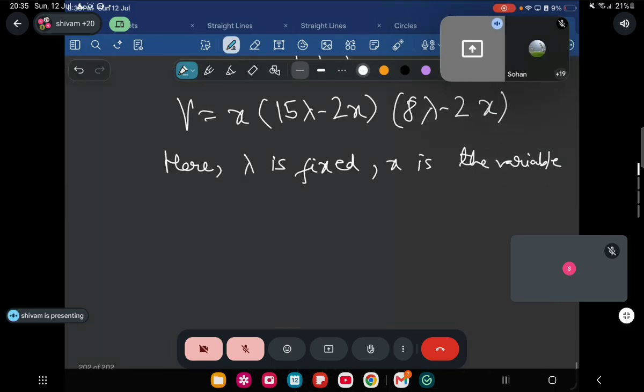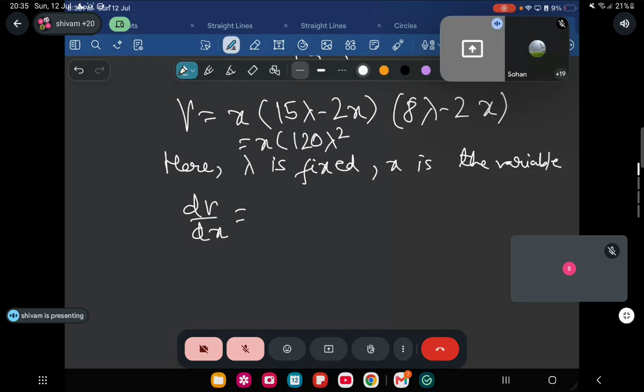Pay attention, everyone. Let us differentiate, since we have to maximize the volume. dV by dx, let us multiply this out: x into 15 into 8 is 120 lambda square, minus 30 lambda x, minus 16 lambda x, so minus 46 lambda x, plus 4x square.